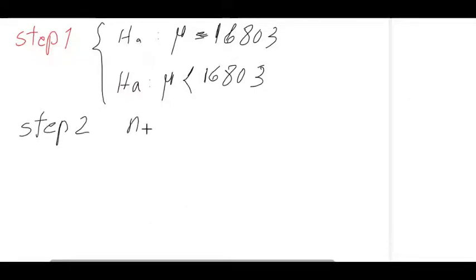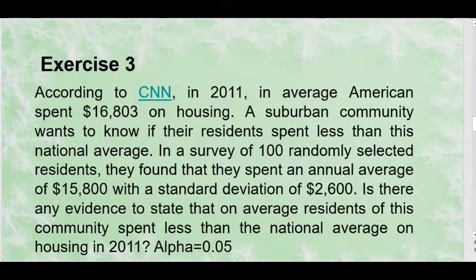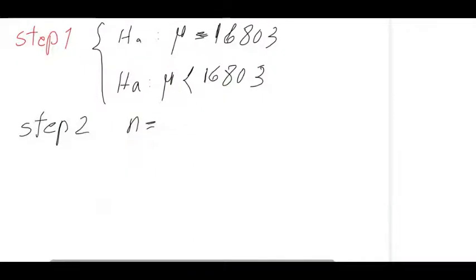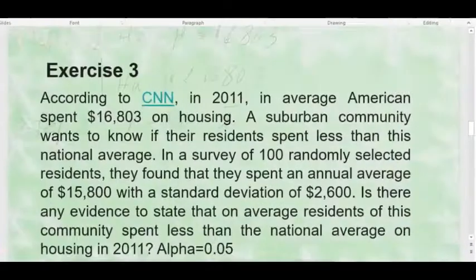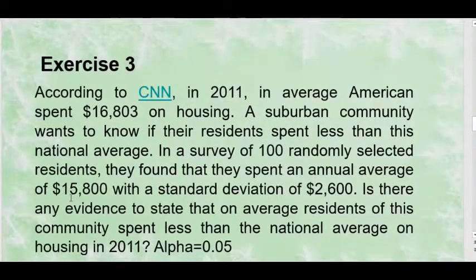The sample size is 100. From the sample, we have a sample mean. The sample mean is 15,800 and the sample standard deviation. So we have S here, not sigma. So we have a standard deviation from a sample.